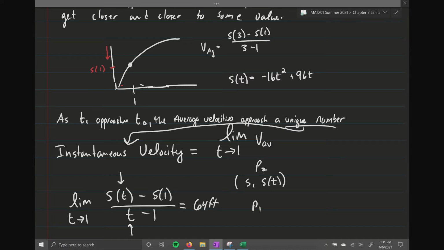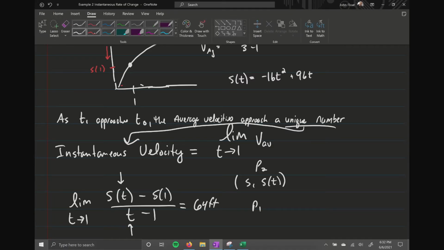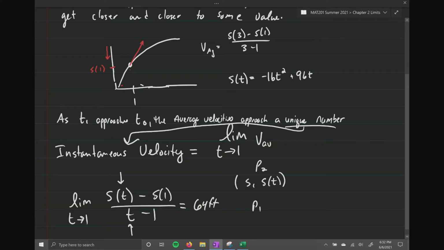And in red, I'm going to draw what we call a tangent line. We're going to be finding a lot of equations of tangent lines in the coming sections. So remember, as T1 approaches your initial T value, all those average velocities approach a unique number. That unique number is called the instantaneous velocity.